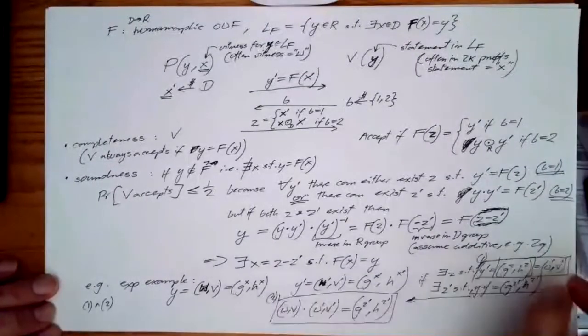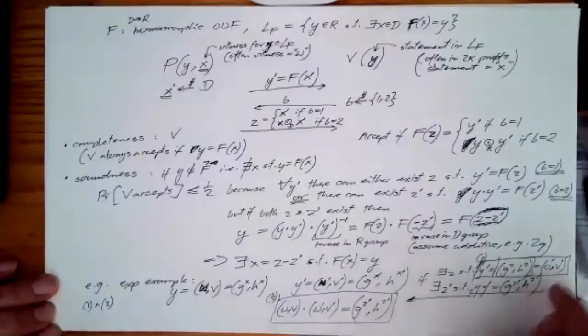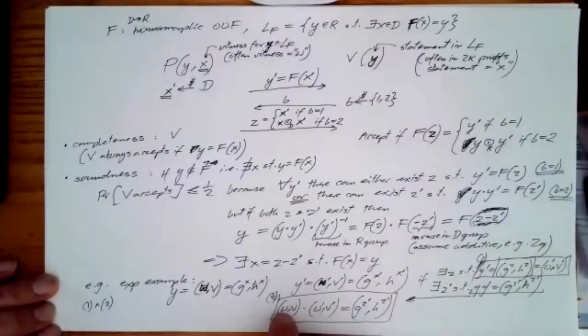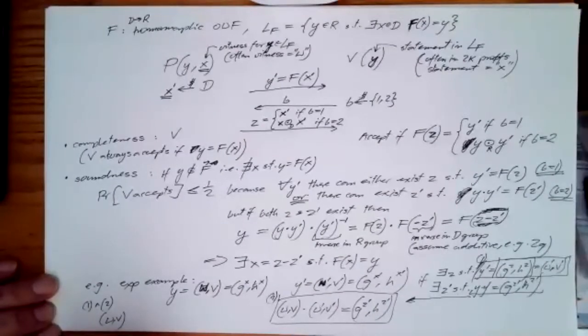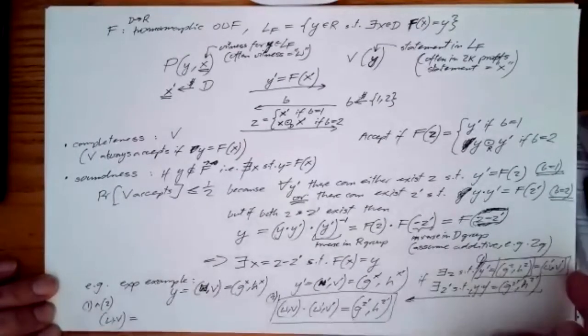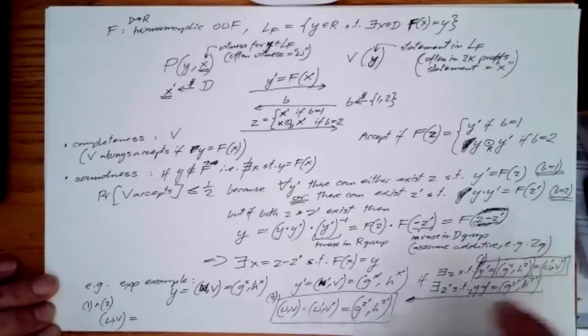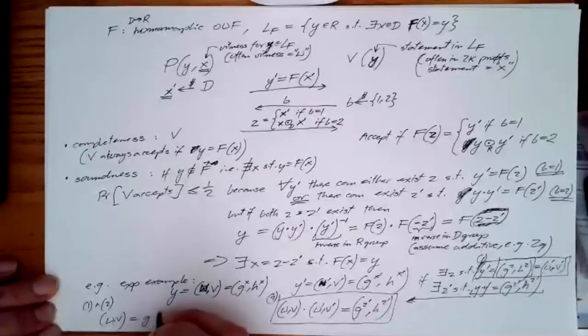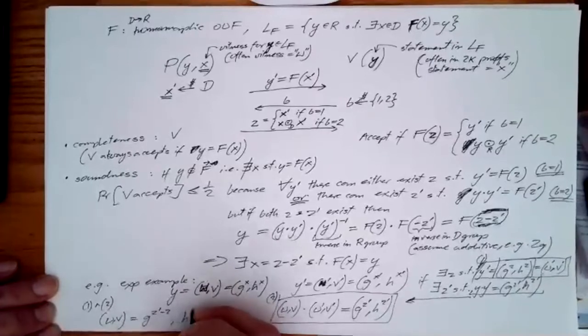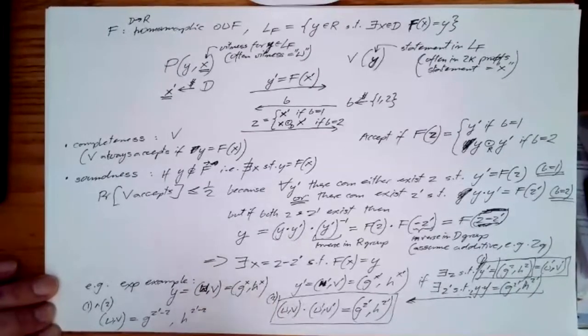If I divide this stuff, then I lose w prime v prime, and all I get is wv on the left hand side. And what do I get on the right hand side? I get this divided by g to the z, h to the z. This is clearly equal to g to the z prime minus z, and h to the z prime minus z.